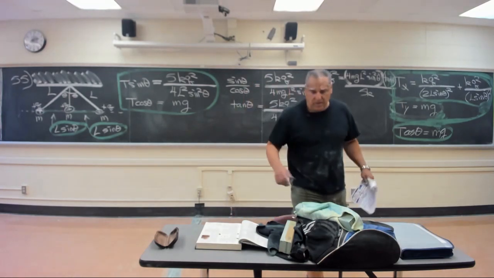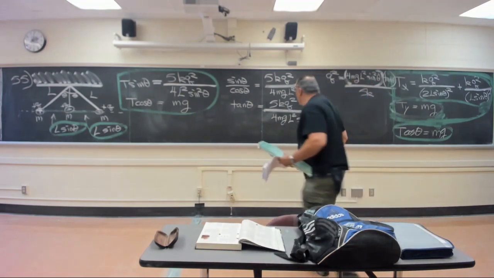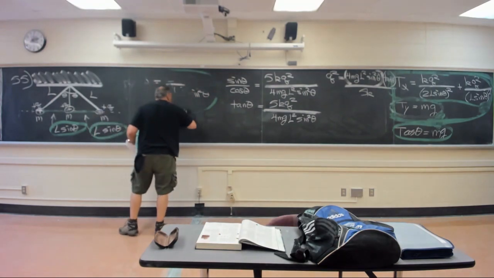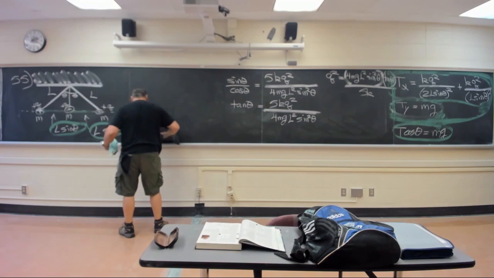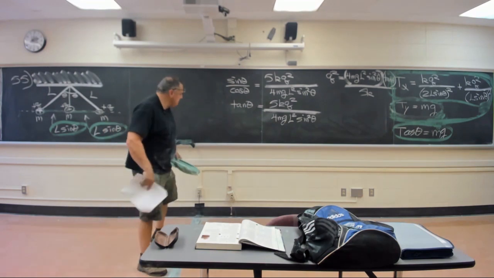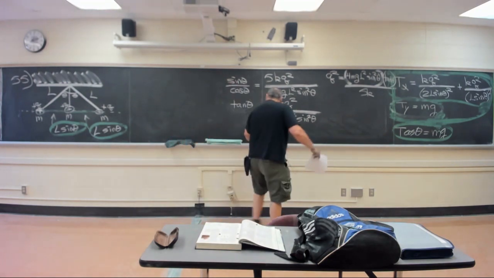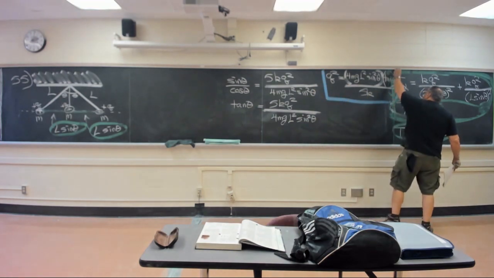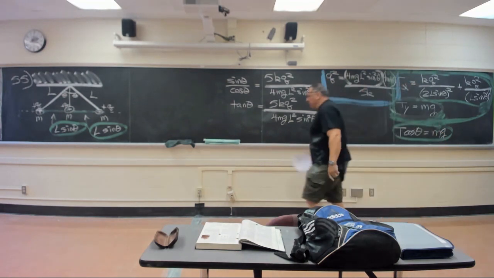What we have is... see what we got. Square root both sides.